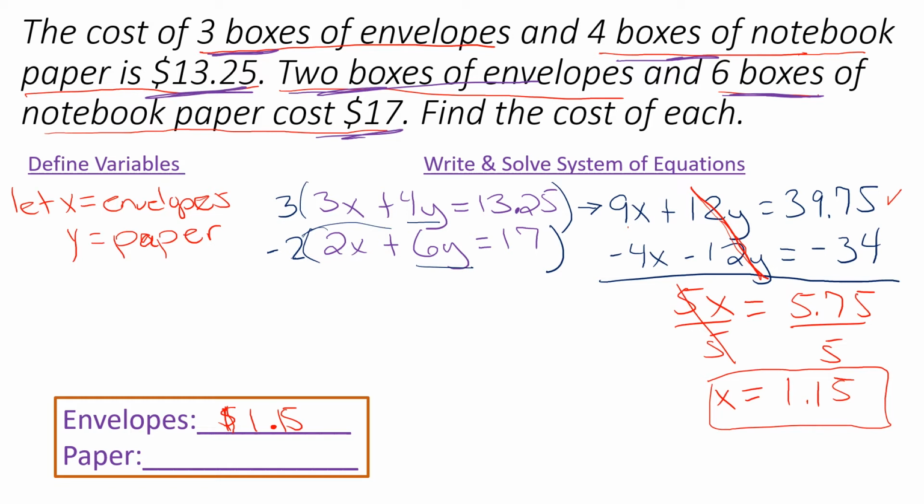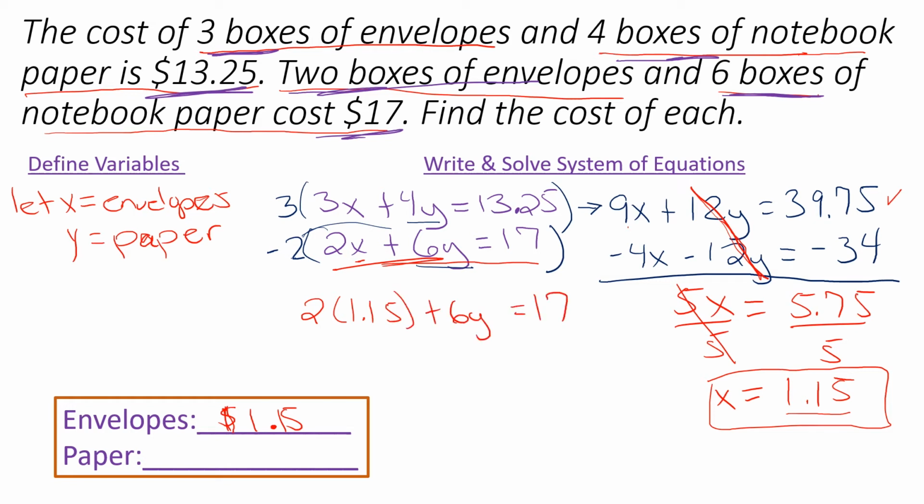So since X is 1.15, I'm going to just plug it back into one of my equations here. All right, so I'm going to plug it actually into this second one right here because I have the smallest numbers. All right, so 2, since X is $1.15, that'll be 2 times 1.15 plus 6y is equal to 17.